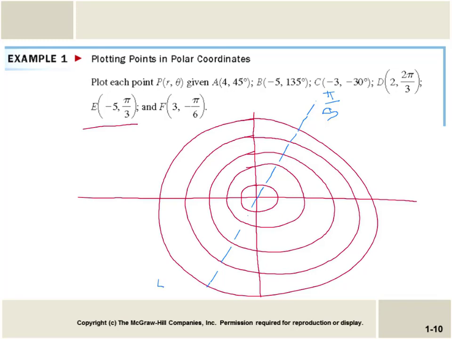Good, 4 pi over 3. Perfect. So now we're at 4 pi over 3, so we're here. And then I go 5 out. 1, 2, 3, 4, 5. So this is my point, minus 5, comma, pi over 3.